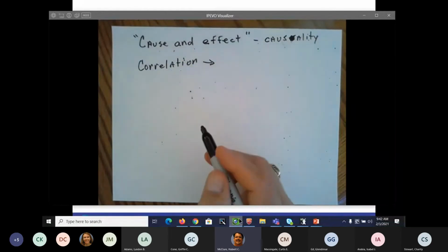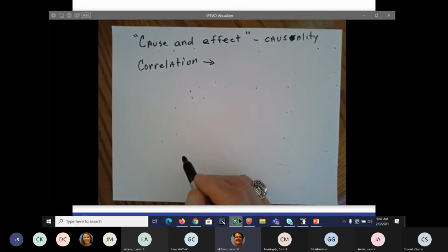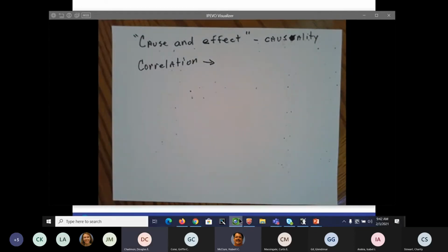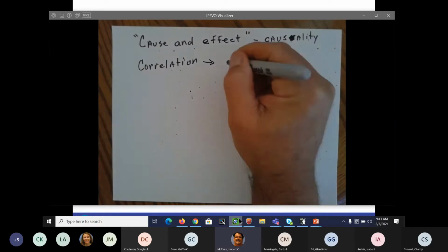Causality means cause and effect. But what does correlation mean? Anybody? A relationship between variables. Yeah, that could be it. You could say that. I like to get even more simple than that. I like to say a pattern, a pattern or a slope.